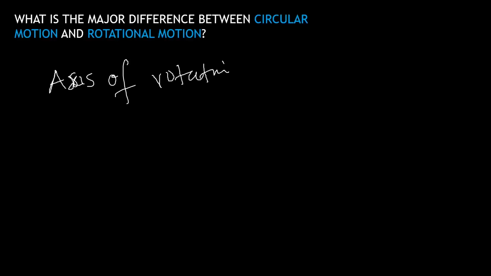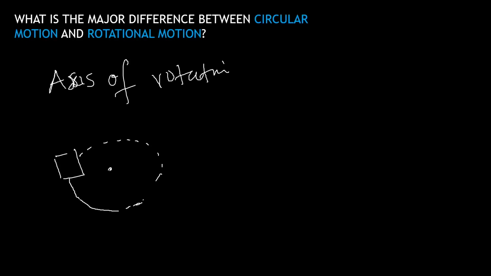Now, if the axis of rotation is outside the body, I have the central position here at the center, and then I have this body move around this circular path like this, with the center or the fixed point or the axis of rotation outside of the body, this body is said to be undergoing circular motion.